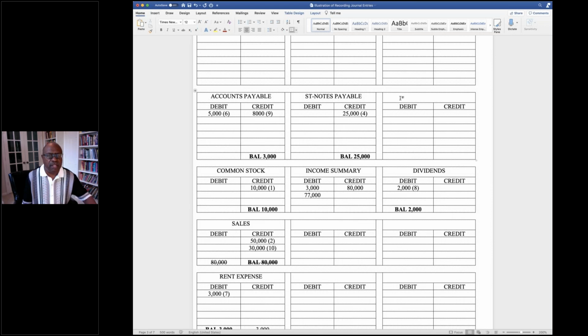Let's just put retained earnings here. So we will have a credit in the retained earnings account for $77,000.